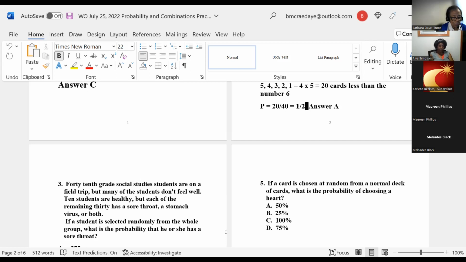Each one of those practice works will consist of 5 to 6 problems. So I went over what would be covered.